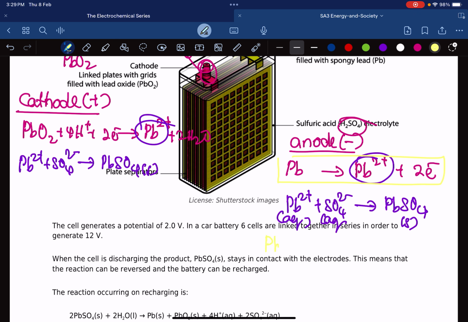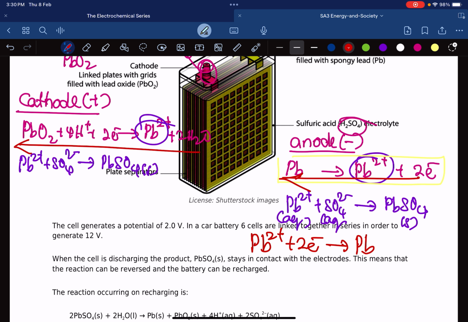That means Pb, sorry, it's not clear. So we say Pb2+ picks up 2 electrons and becomes Pb. See, we just reverse the equation. So instead of writing it this way, we write it the other way. Here, instead of writing it this way, we write it this way.